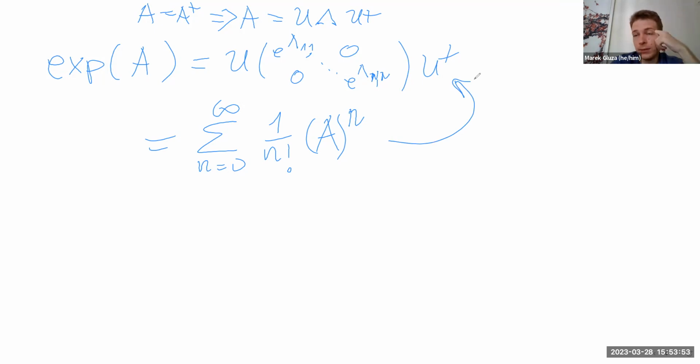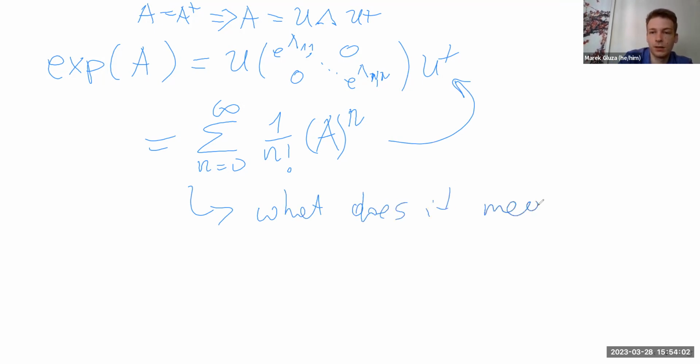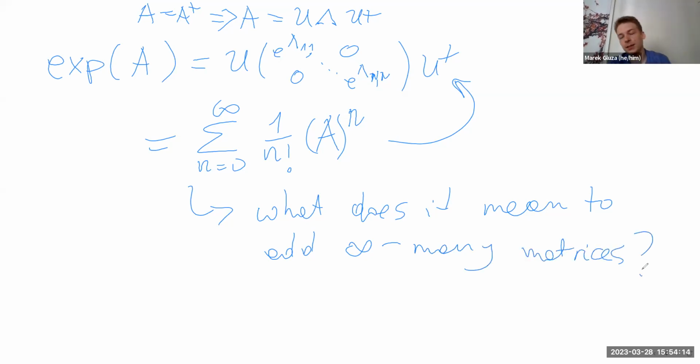That will be something where we could say, okay, but this is an infinite series. So what does it mean to add infinitely many matrices? Okay, and as a refreshing example, if I have the sum of 1 over n from 1 until infinity, then this is actually infinity.